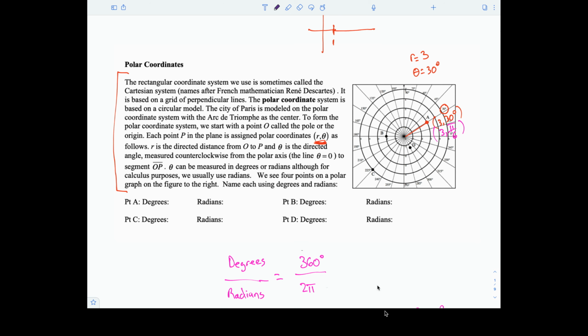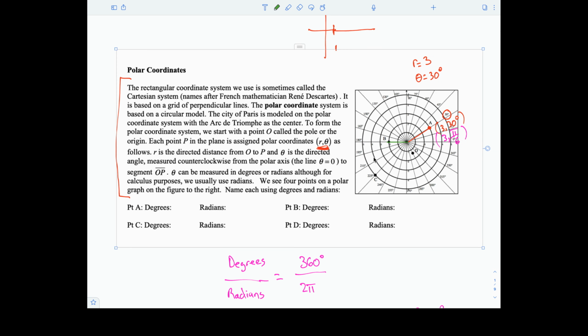Okay. All right, so let's look at these other points and figure out how we could find them. So B goes out 1, 2 concentric circles. So this would be the equivalent of saying (2, 180), or if you prefer, (2, pi).